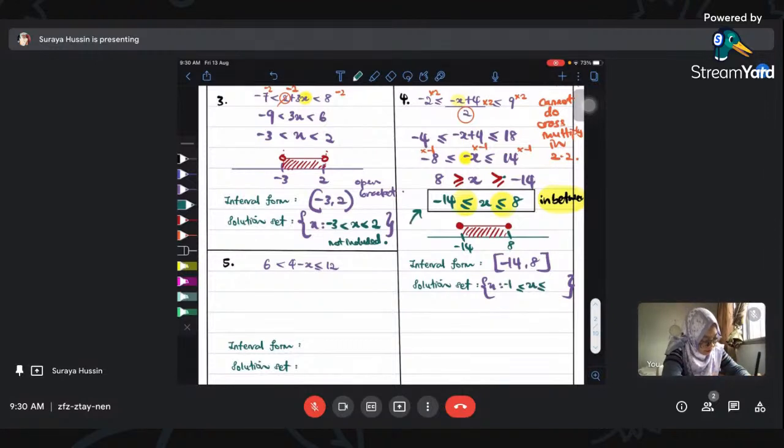X is in between negative 14 and 8. Is it included? Yes, it is included. In between must be in the form of less than, and there must be a letter in the middle. X is in between a number and a number, and of course put the unknown in the middle. Generally it is always the letter x.